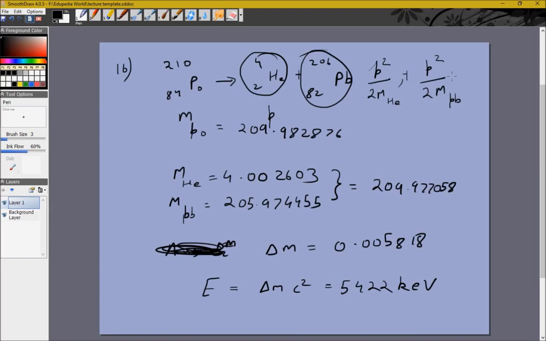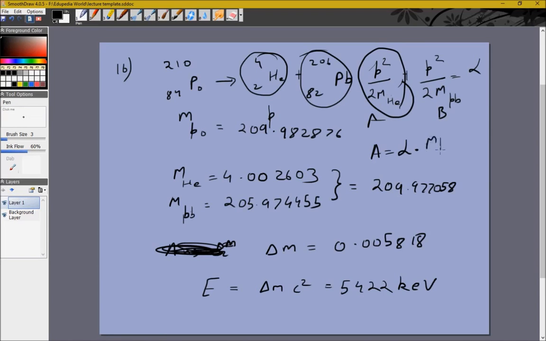And the sum of the two of them will be this value, let's say alpha. And if P is the same, then what will be each of those two terms? Right, they will be inversely divided in the ratio of the masses. So the first term, let's say this is A, this is B, right? So the first term will be alpha into, see, this is much greater than this, right? So this will have a greater contribution.